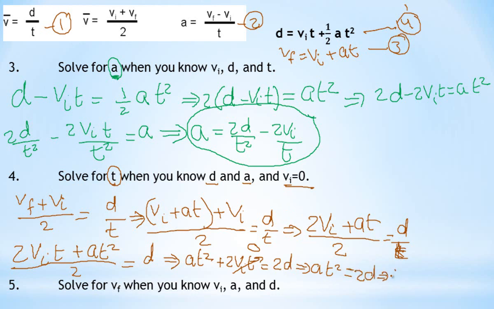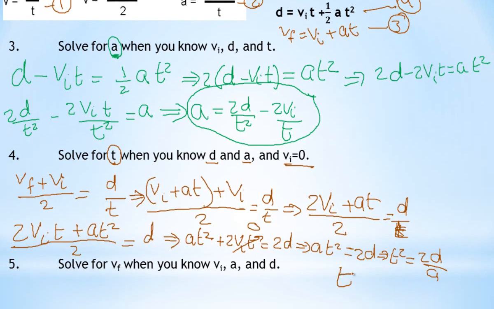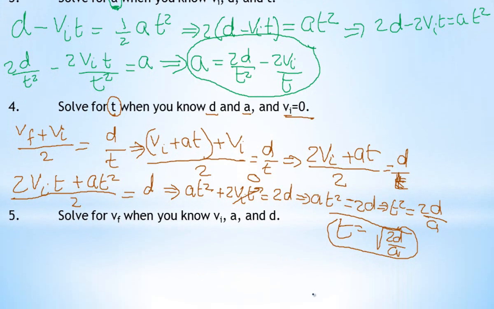This will give us t squared equal to what? Equal to 2d over a, meaning t is what? T is the square root of 2 times d over the acceleration. Now does that match the units? In terms of unit, remember the unit of the time is second. So let's look at the unit of the square root of 2d divided by the acceleration. 2 does not have unit, d is meter.